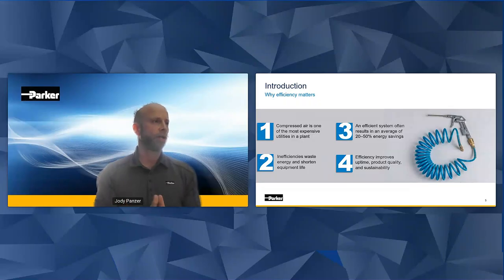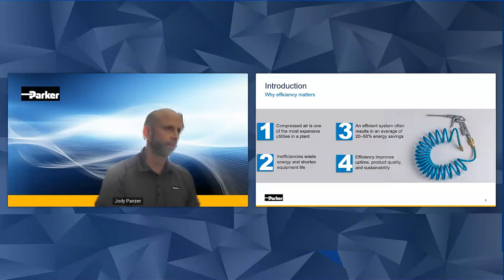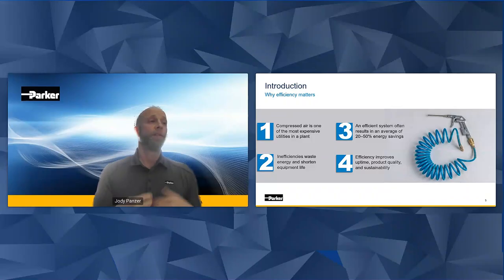Inefficiencies waste energy and unfortunately shorten the life of equipment. On the flip side, an efficient system can result in 20 to 50% in energy savings. We want to have an efficient system, and that's going to help you improve uptime, limit scrap, and product quality will, of course, be going up for you.